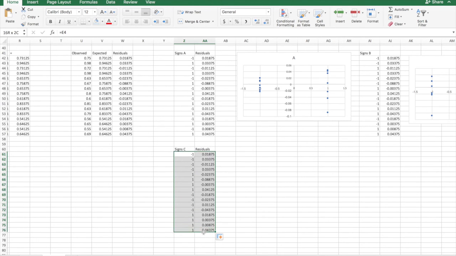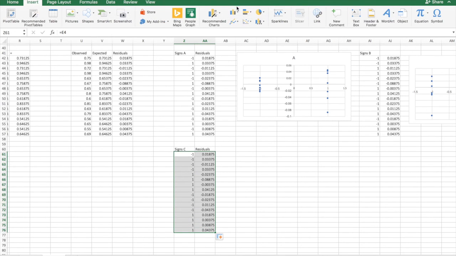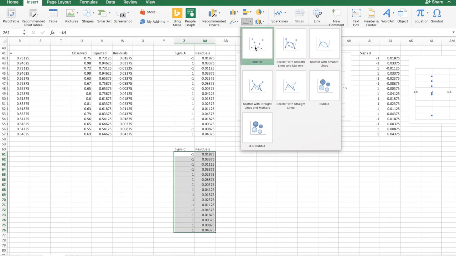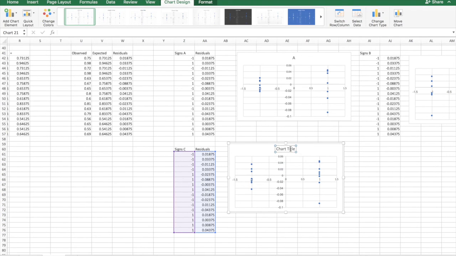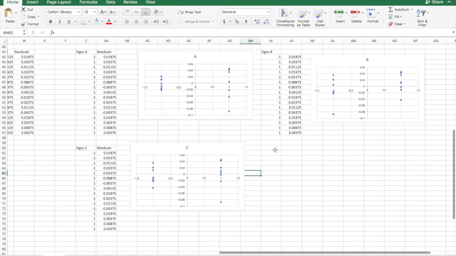Then graph it. And in here C also appears to affect dispersion, since C at its low level has a lower dispersion than C at its high level. Now for the last one, for D.